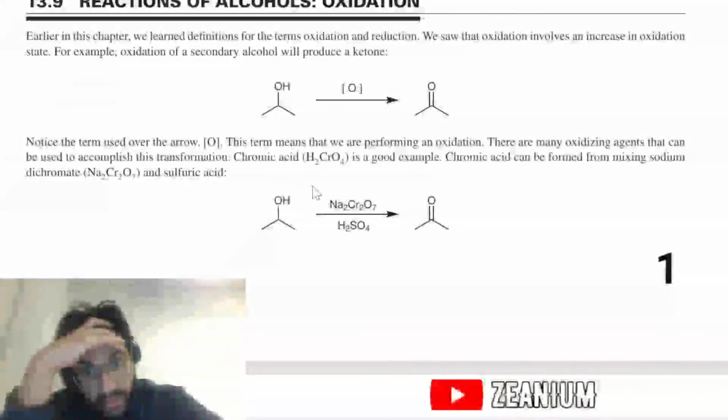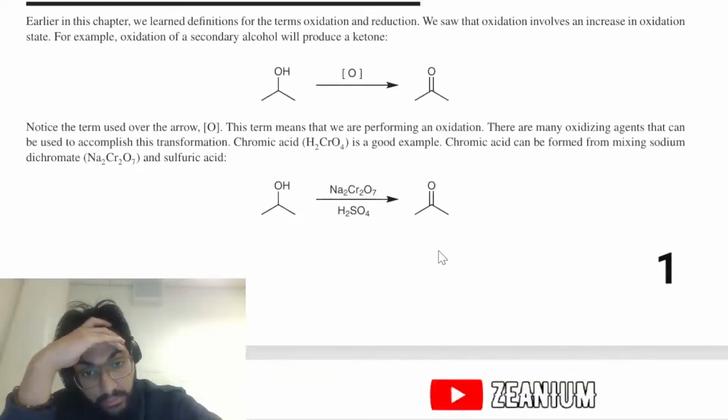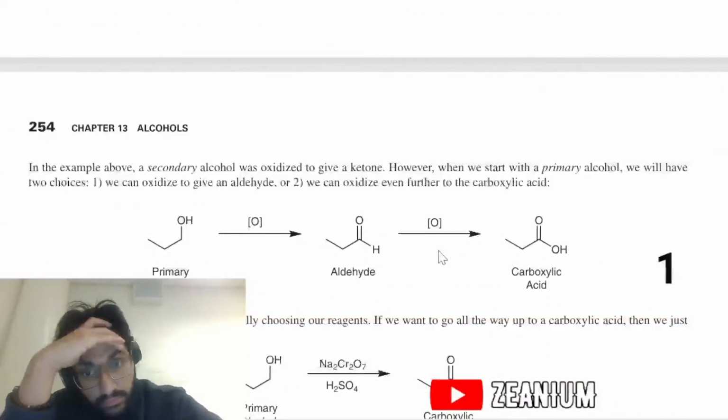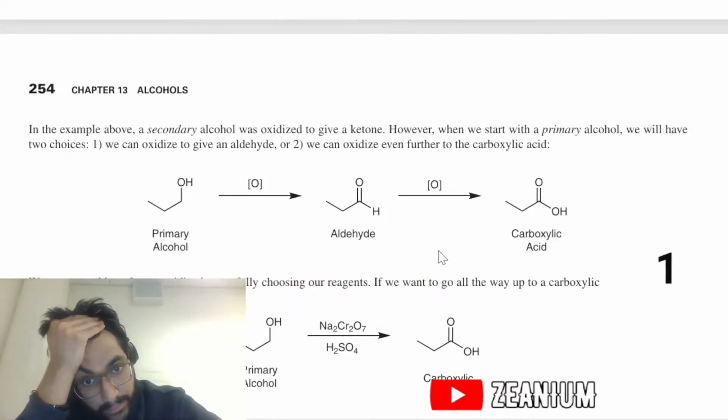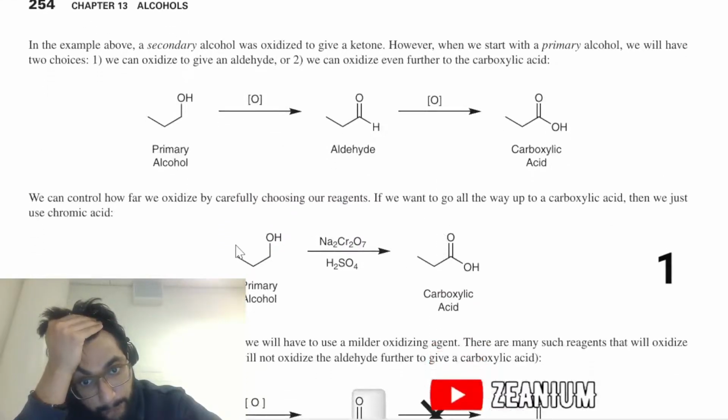To oxidize alcohol, we use chromic acid, sodium dichromate, and sulfuric acid. Okay, chromic acid goes all the way to carboxylic acid.